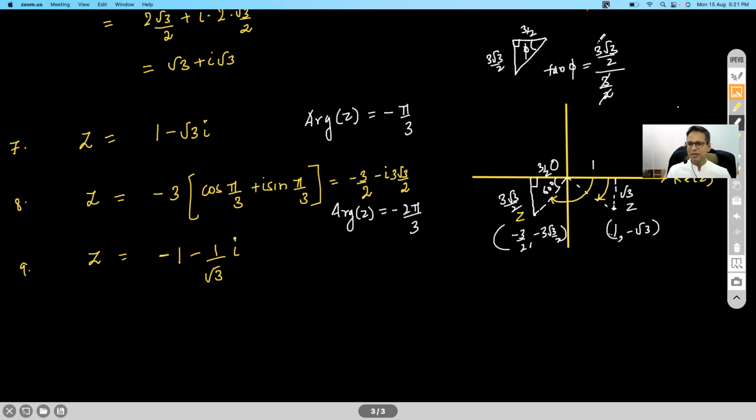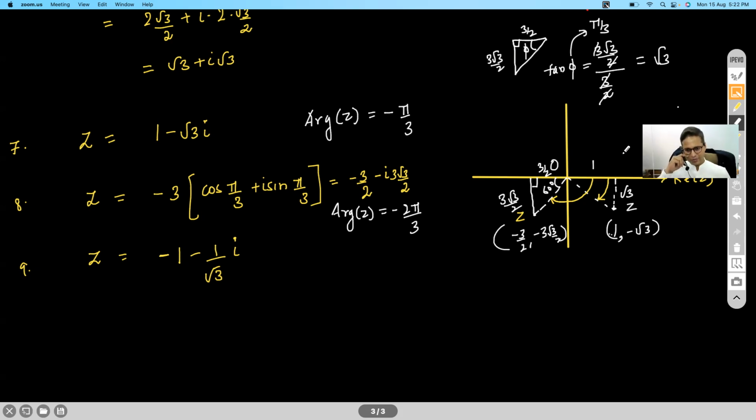So 3 by 2 will go off, so you'll get root 3. Right? So tell me, for what value of phi does tan give root 3? Obviously, your response will be pi by 3. So if this is pi by 3, this is 2 pi by 3. But that is magnitude. You have to attach a sign to it to get your full answer. So the sign will be negative because it's a clockwise angle.